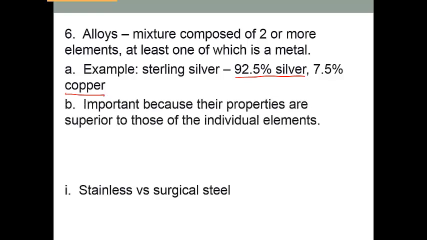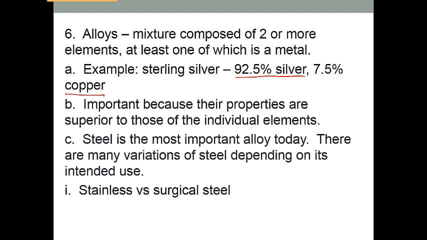Alloys are important because their properties are usually superior to the individual elements themselves. Silver doesn't rust, but it gets a layer of tarnish on it. It oxidizes, it reacts with the oxygen in the air. Sterling silver doesn't do that. So its properties are better than the individual elements by themselves.